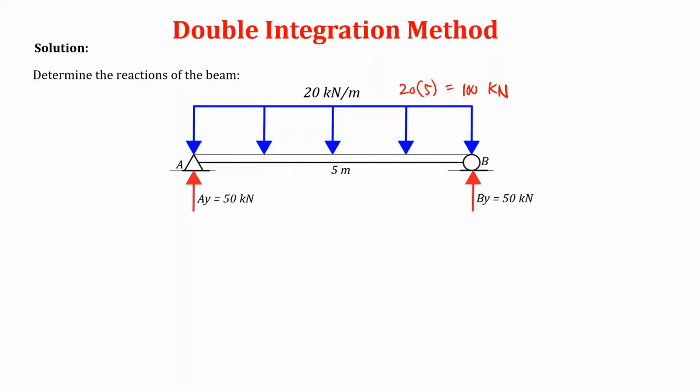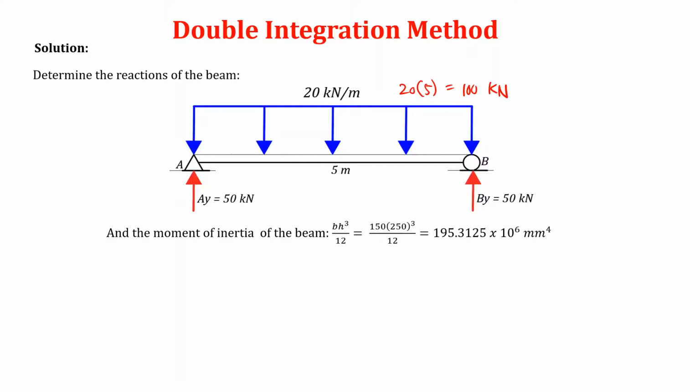Now, next na pabuhaton is we have to solve for the moment of inertia. So, 'di ba? If you can remember, ito yung kanyang section. The width is 150, the height is 250, so that is only a rectangle. So how do we get the moment of inertia sa rectangle na beam? So BH cubed over 12.